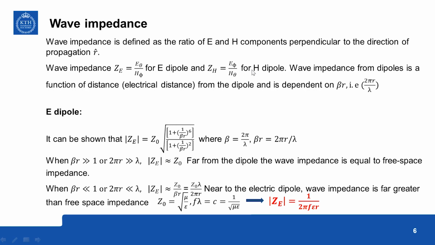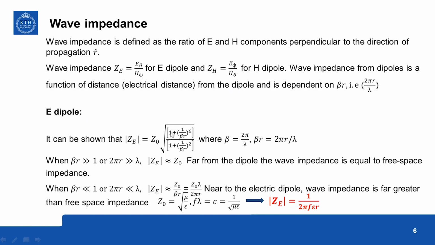So this wave impedance is a function of the distance, or electrical distance, from the dipole, and it is also dependent upon beta r. Now let us find the wave impedance of the E dipole.